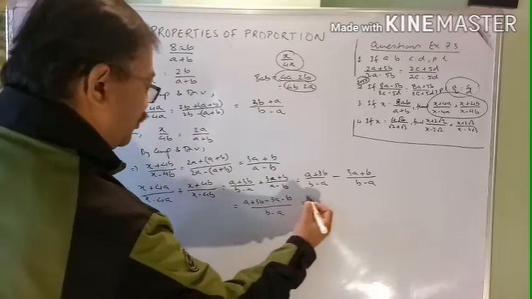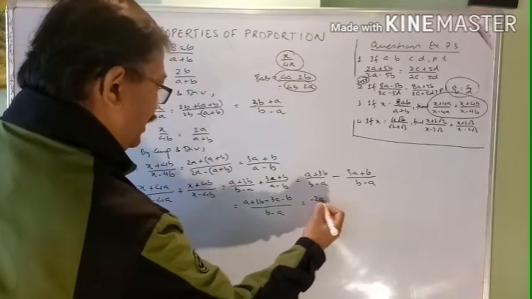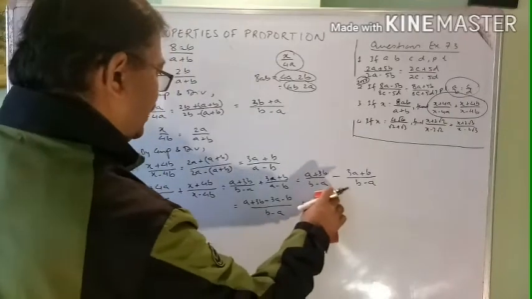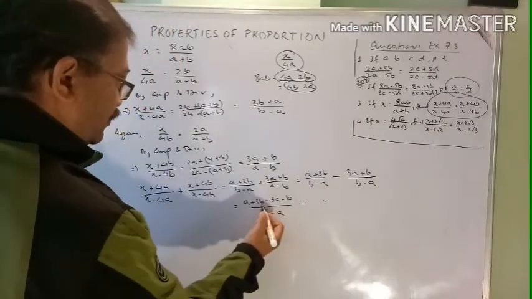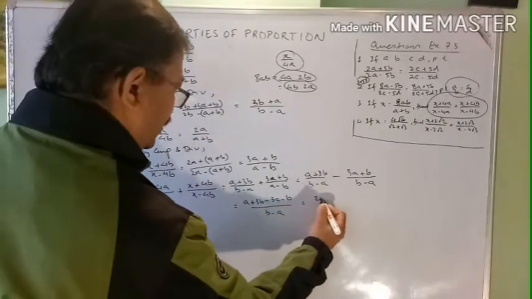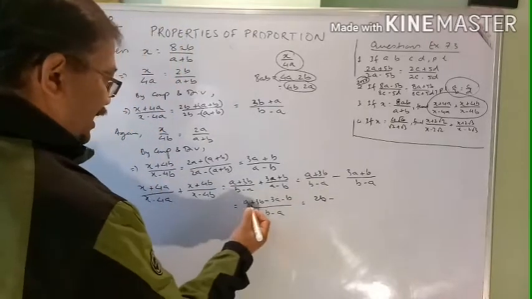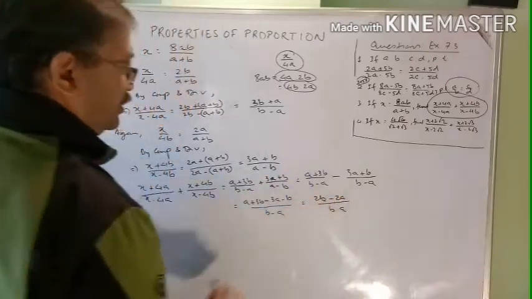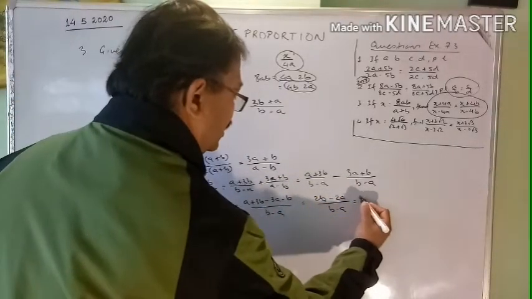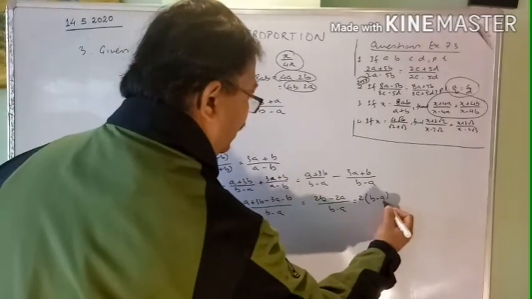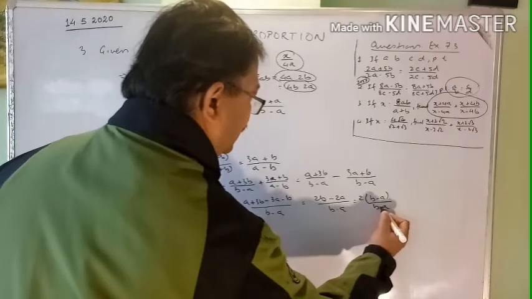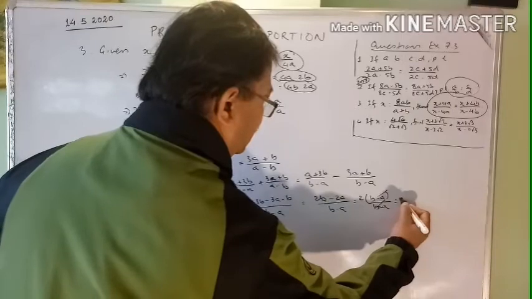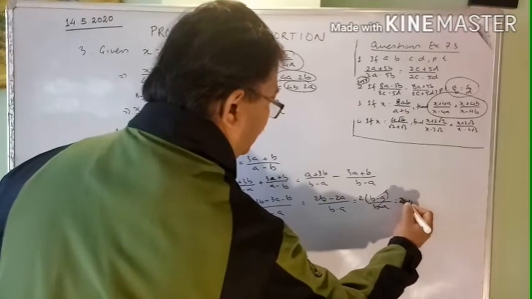Now a minus 3a will be minus 2a. Because b is here, take b first: 3b minus b is 2b, minus a minus 3a is minus 2a, over b minus a. If you take 2 common, it is 2 times b minus a upon b minus a. So this b minus a cancels. So what is the answer? It is 2. 2 is the answer.